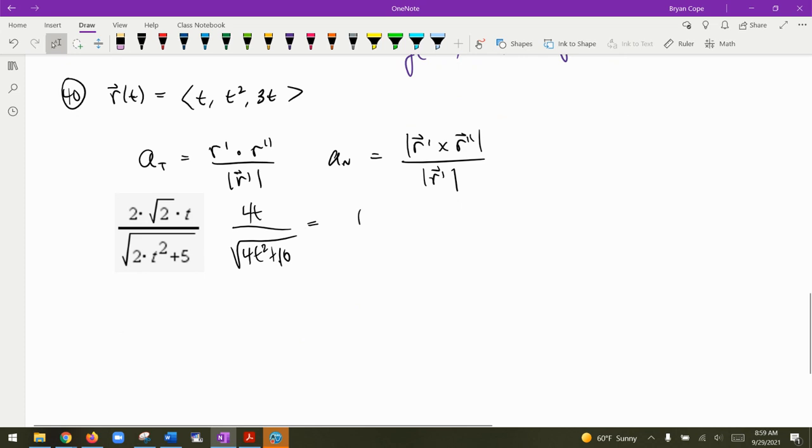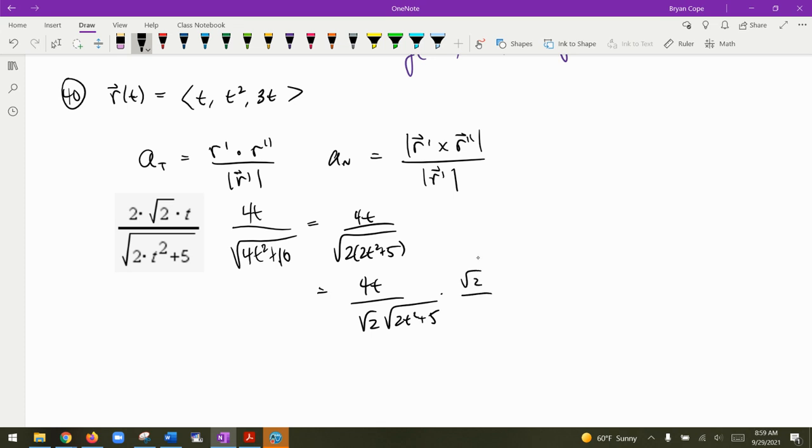Okay, so I could write this as 4t over root 2 times 2t squared plus 5. So that's 4t over root 2 times root 2t squared plus 5, and then multiply top and bottom by root 2. That would get us 4t root 2 over 2 times root 2t squared plus 5. So we do have equivalent answers.